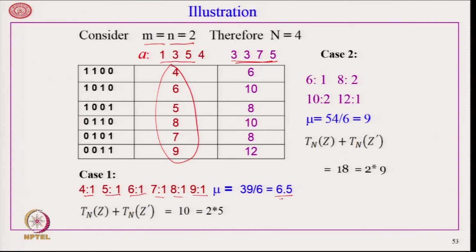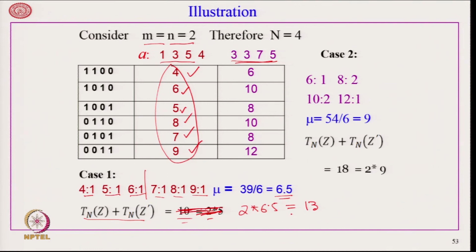Mu is equal to 6.5, and therefore, we can see that T n z plus T n z prime is equal to 2 into 6.5 is equal to 13, and as we can see here that 9 plus 4 is equal to 13, 7 plus 6 is equal to 13 and 8 plus 5 is equal to 13.